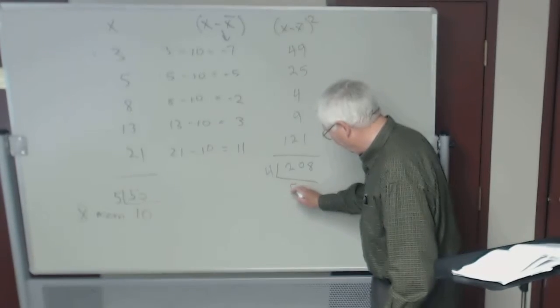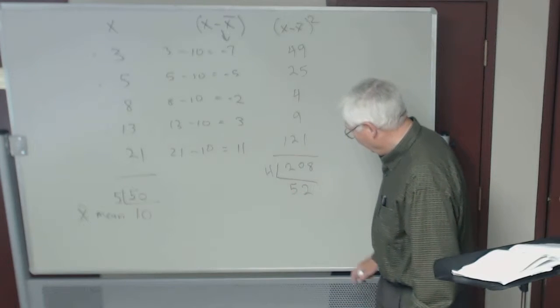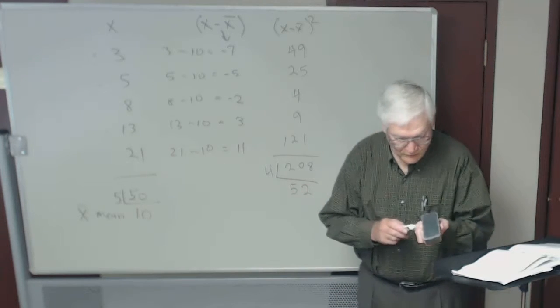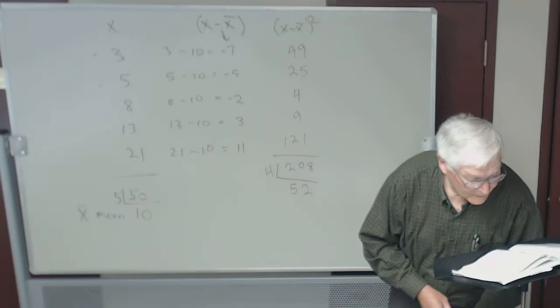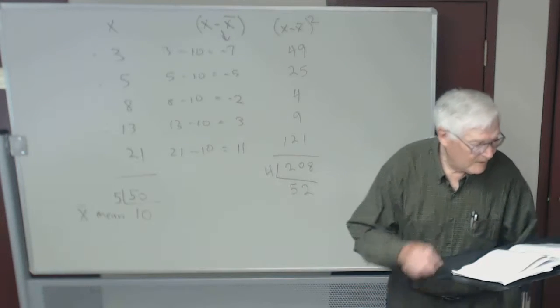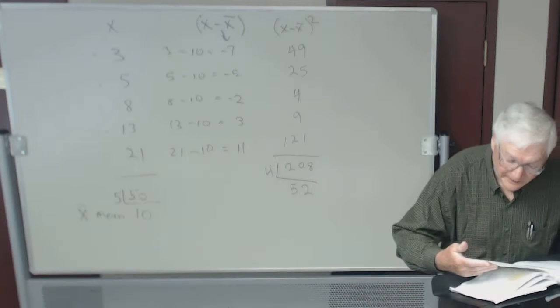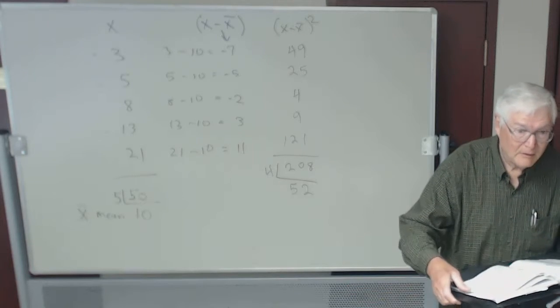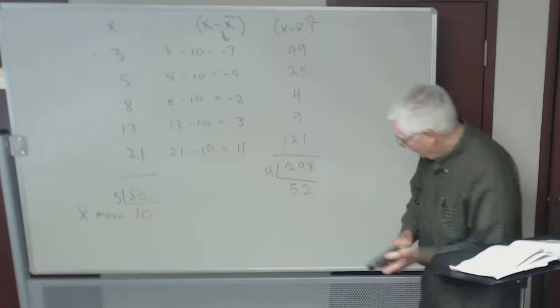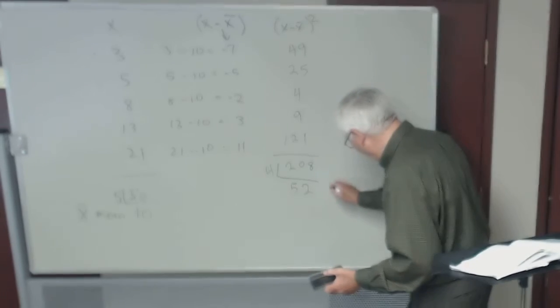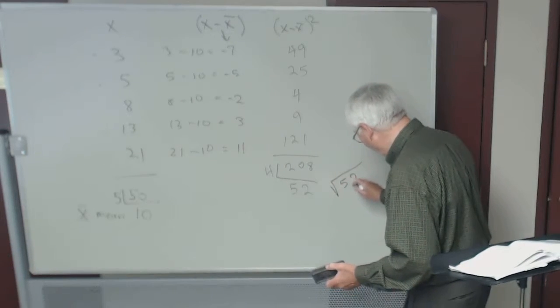And that gives you 52. And then what do you do with 52? Back on that formula, page 811, you square root it. That's right. So what's the square root of 52?